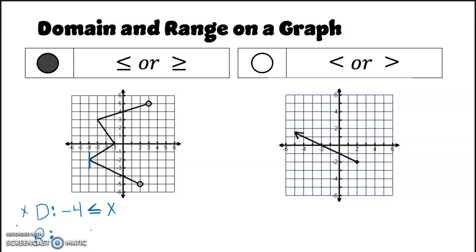All right, so it's going to be less than or equal to x, which we know is either going to be less than or equal to, depending on our dot, if it's open or closed, if there is one.